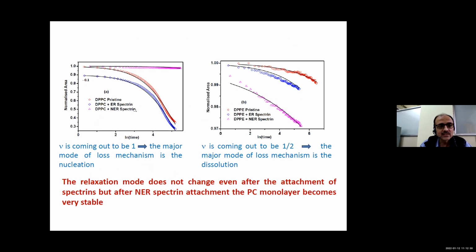Here we can see that when you add NER spectrin, the slightly more rigid spectrin, into the monolayer, the monolayer which was flexible, decaying like this, becomes stiff. In the PE monolayer, because the scale is different, it is also very stiff. But you can calculate the decay constant, and you can say that nucleation is the decay mechanism for this kind of PC molecule, whereas dissolution of the molecules is the mechanism for the other, and that also explains our brush kind of arrangement.